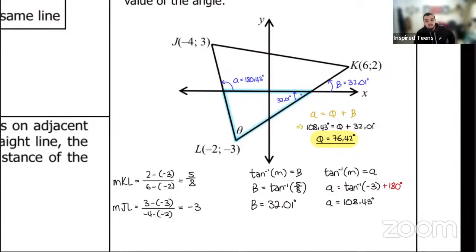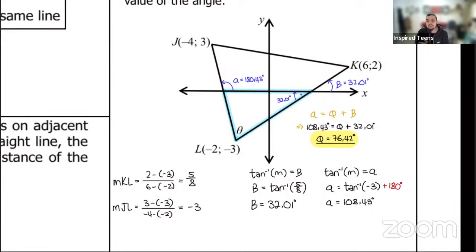A lot of the times teachers teach, calculate the two gradients and say bigger minus smaller. Which is fine in most questions, but I'm just teaching you the logic behind it in case it's not the exterior angle of a triangle. What happens if it's something else? Then how are you going to use your brain to solve for it? Now hopefully you'll be able to do that because you understand the logic behind it. Trying to relate the angles that you can solve to the angle that they want you to solve, because there's no magic formula to get us theta.